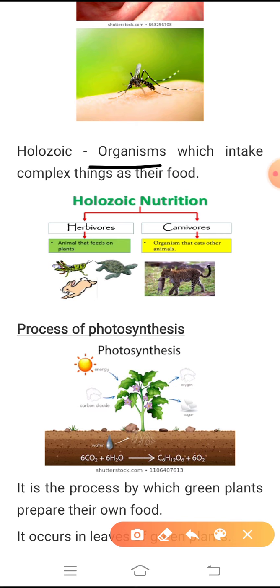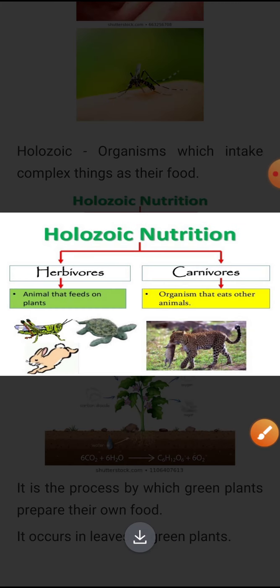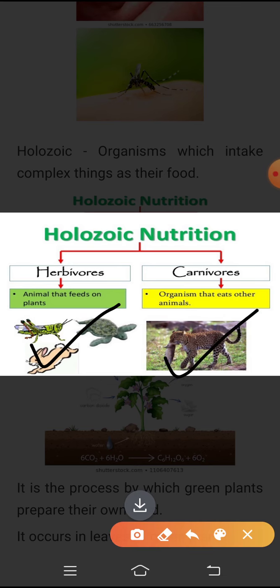So that gets simplified before reaching the cells. So under holozoic mode of nutrition, the organisms will take complex things as their food. Both herbivorous and carnivorous can be considered under holozoic mode of nutrition because both will take complex food into their body.